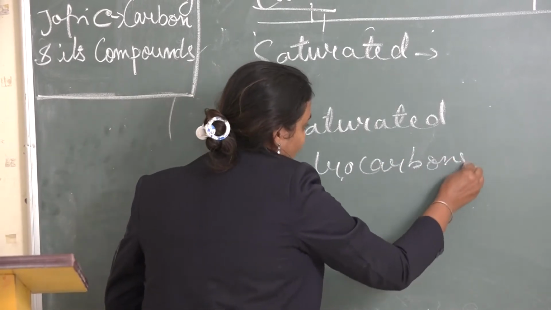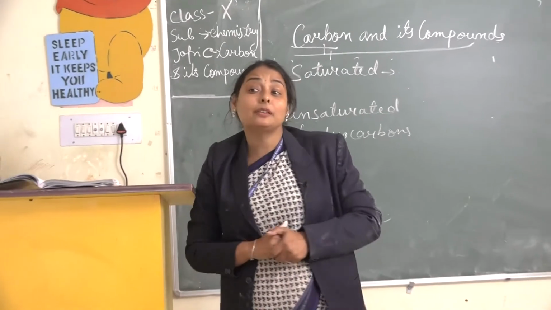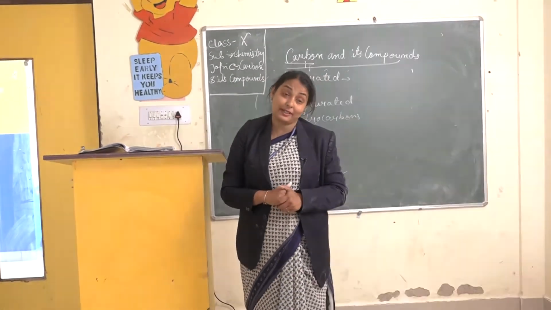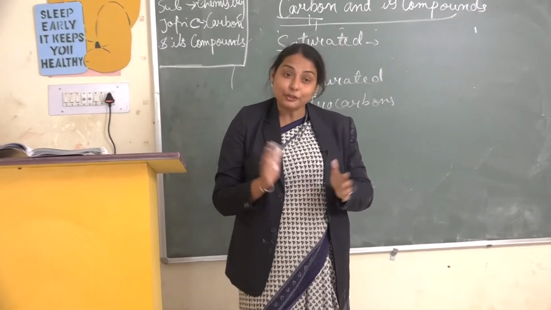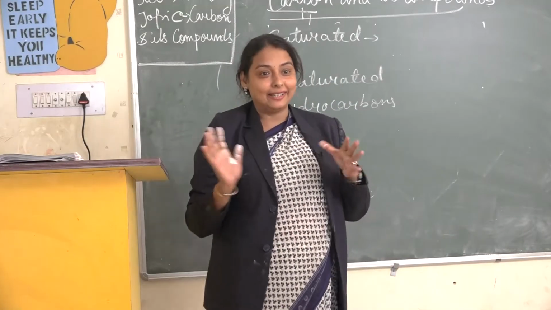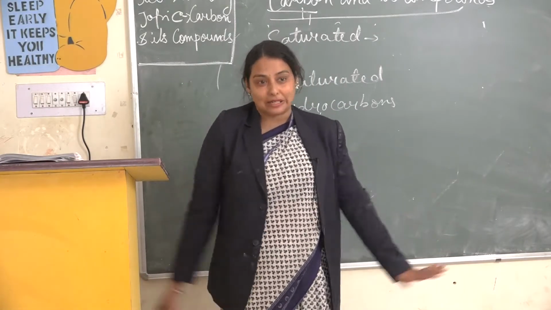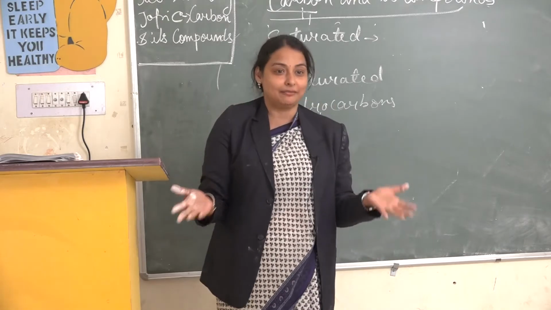Now students, one thing I am clearing up: carbon can be in two forms, one in a free state and the other in a combined state. If we talk about the free state, it is like we are standing alone, we don't have any partners beside us, I am the only one there.